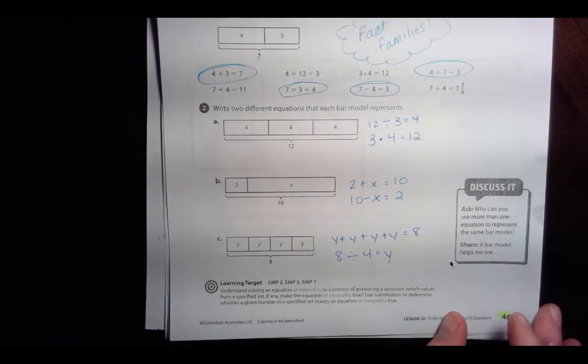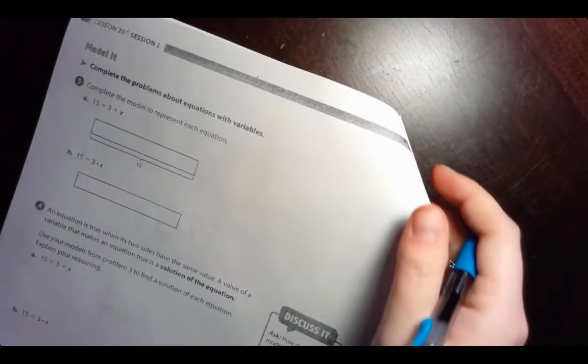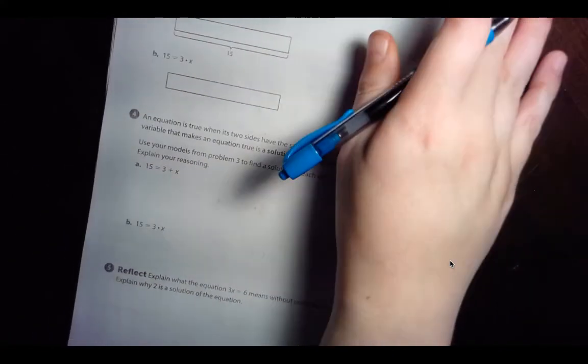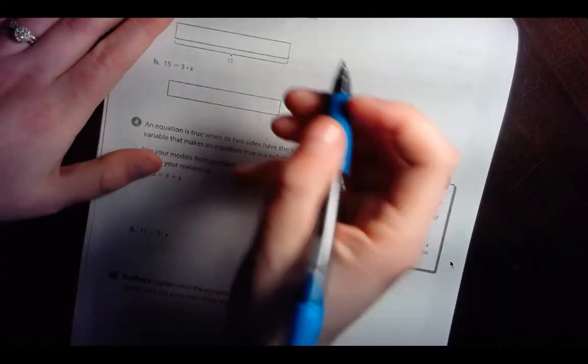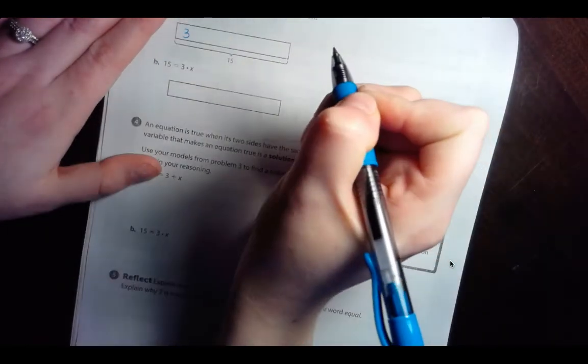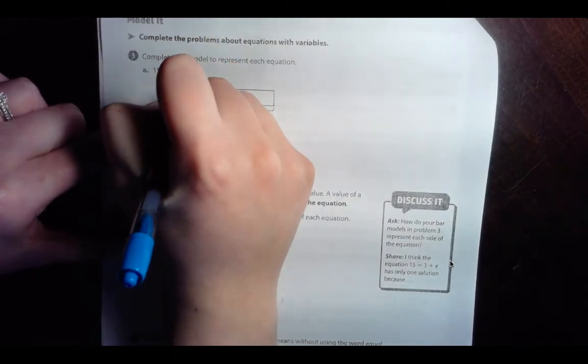All right, and go ahead and turn to page 466. Complete the model to represent each equation. So 15 equals 3 plus x. So 3 is going to be a smaller section, plus an unknown number.